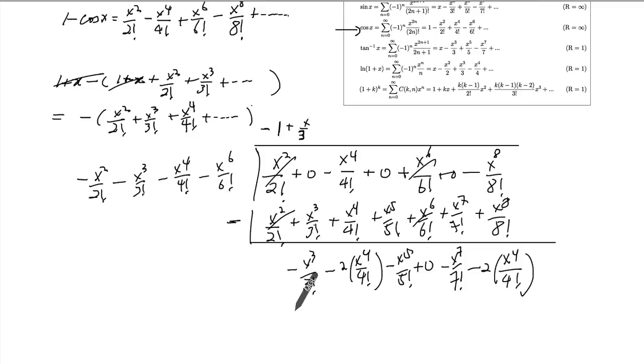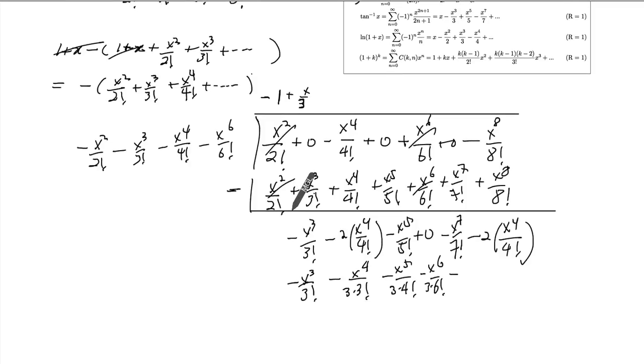And then we get exactly minus x cubed over 3 factorial, right? And everything will be negative this time. So minus x to the power of 4 over 3 times 3 factorial, right? X to the power of 5 over 3 times 4 factorial. X to the power of 6 over 3 times 6 factorial.